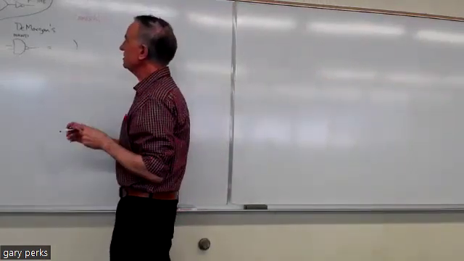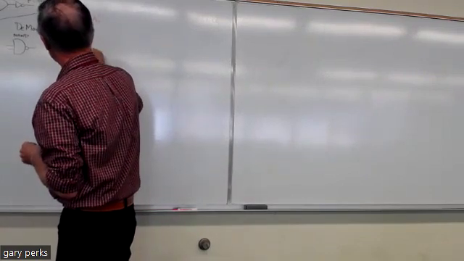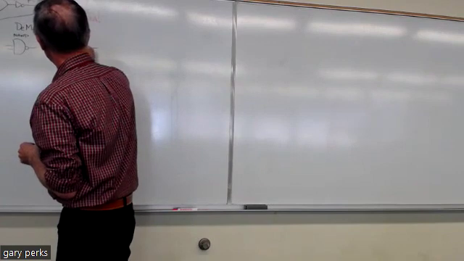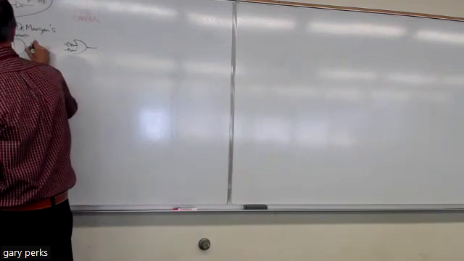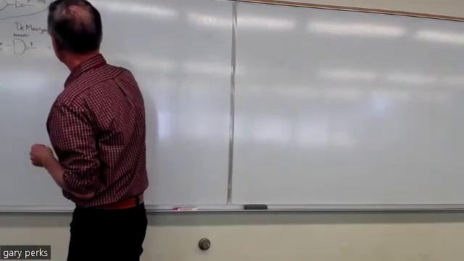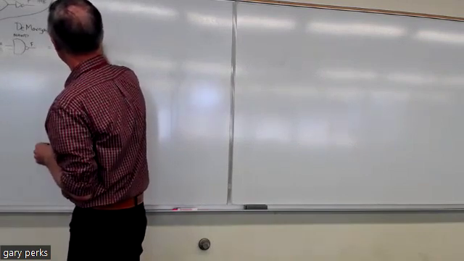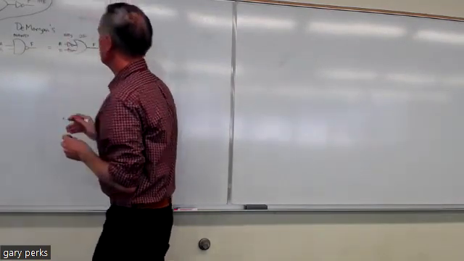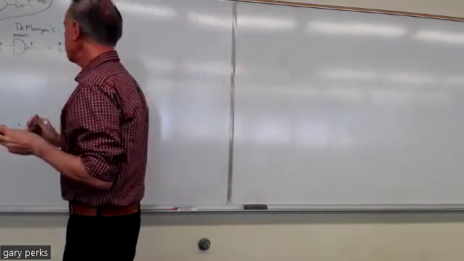Okay, so one part of De Morgan's is that a NAND is the same as an OR with inverted inputs. Or with NOTs on the input. Okay. The other part of De Morgan, so De Morgan has two parts.